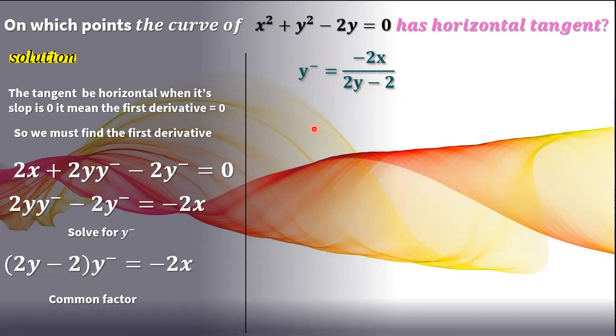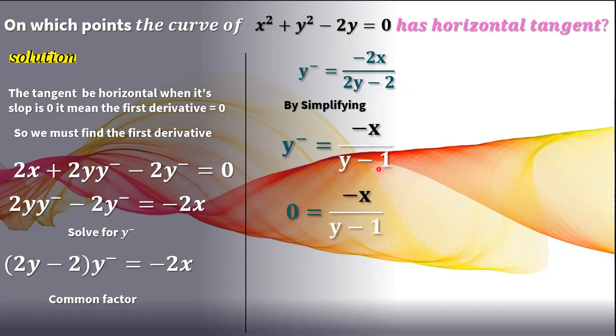We will equal this expression by 0. By simplifying, firstly, we will take 2 common factor from the denominator and eliminate 2 with 2. We will get negative x over y minus 1 equal to 0.